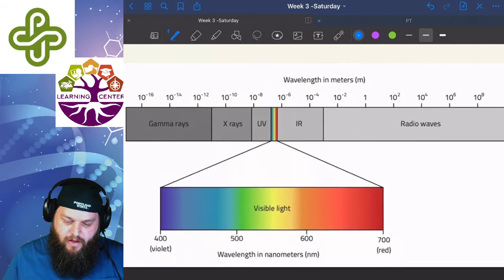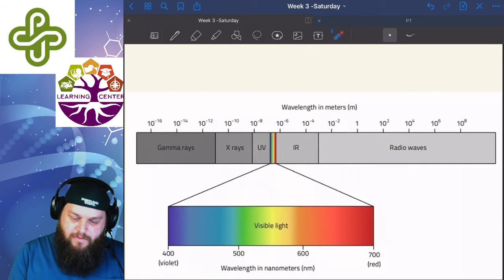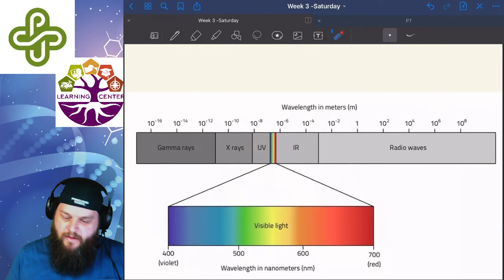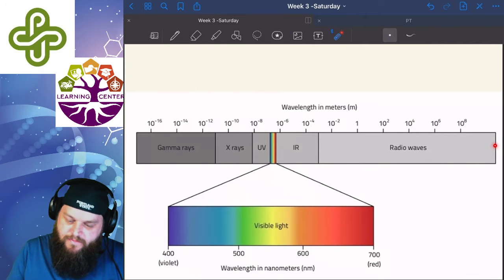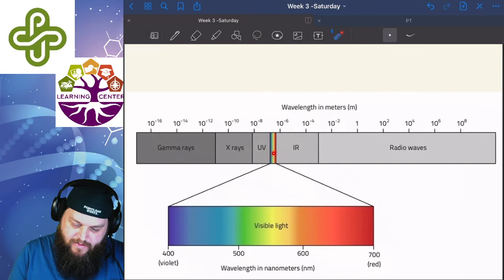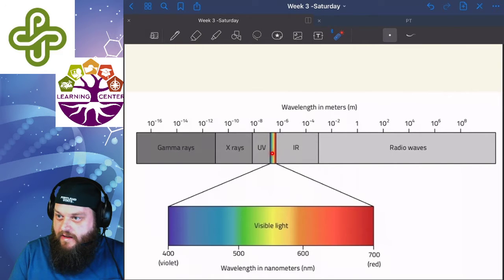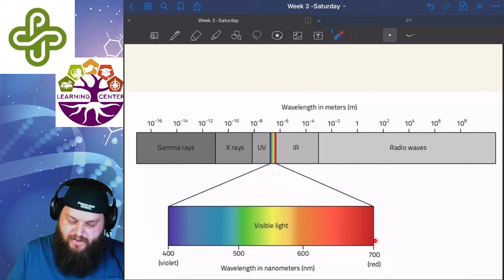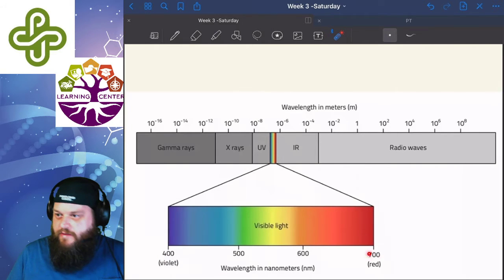So down here below, this is the full spectrum that we know of, right? Everything from really big wavelengths to really small wavelengths. The visible spectrum is just this tiny little area in between here, which breaks up into the visible light, anywhere from about 400 nanometers to 700 nanometers.